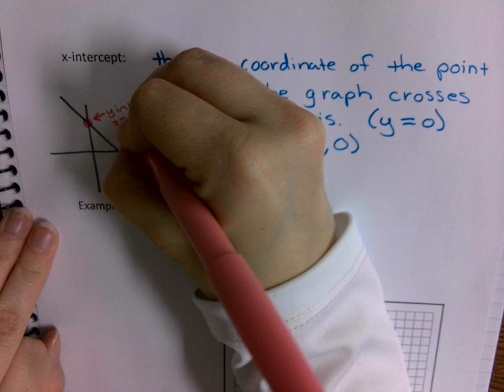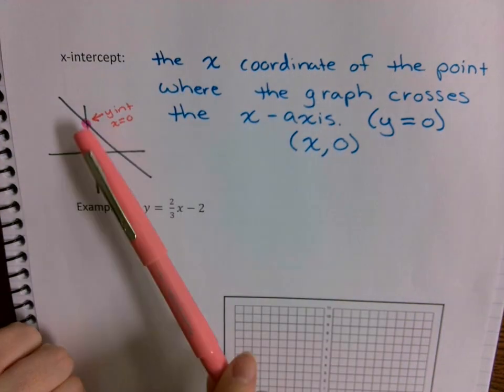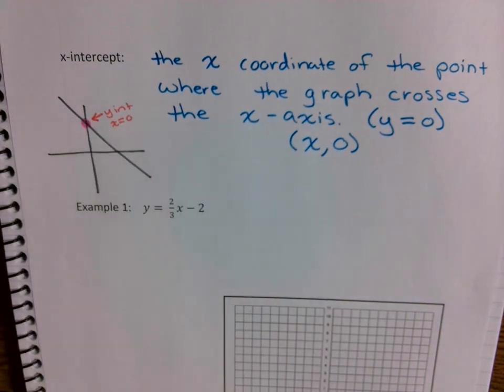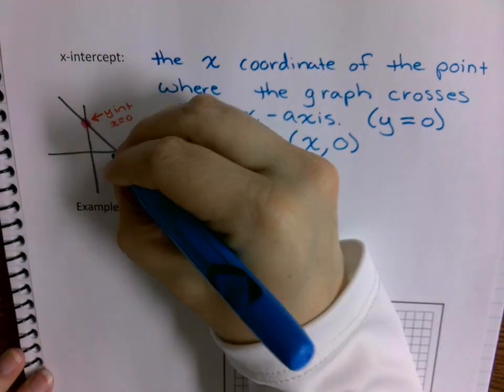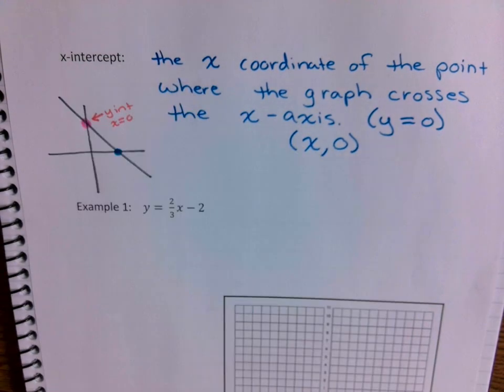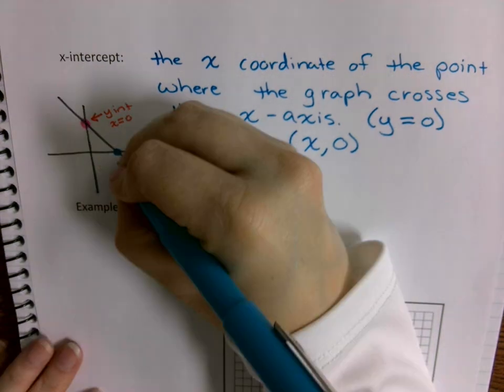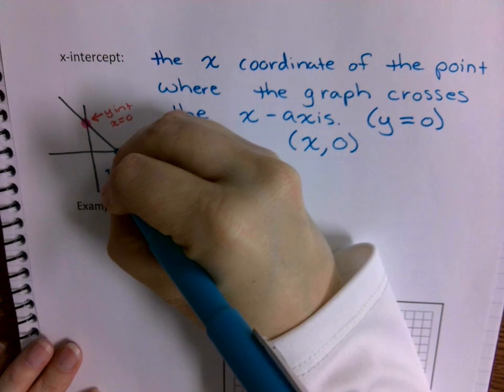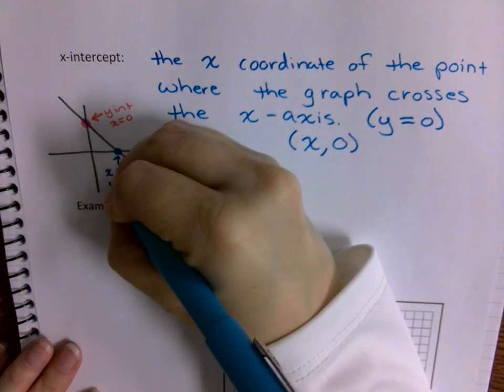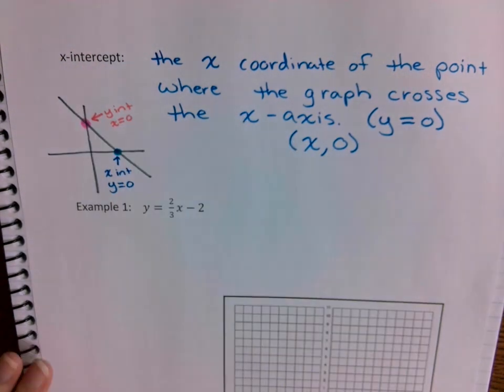This is what we've already known. We've done this before. Now we're introducing this point, the point that's crossing that x-axis. And that is our x-intercept, where y is equal to 0. So just by having those 2 points plotted, you can create your line equation.